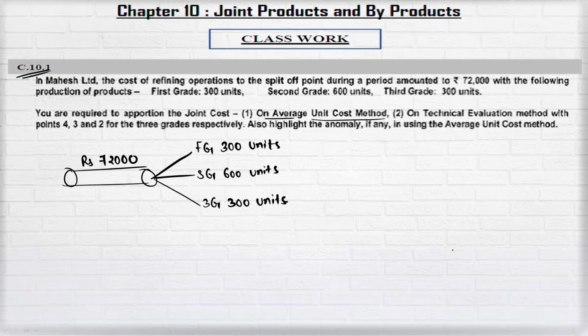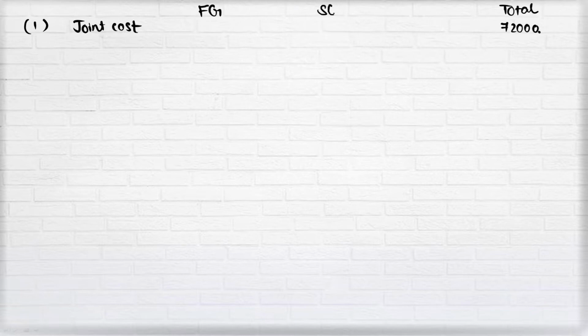So let me distribute joint cost. Joint cost method number 1. Total is 72,000. First grade, second grade, and third grade.